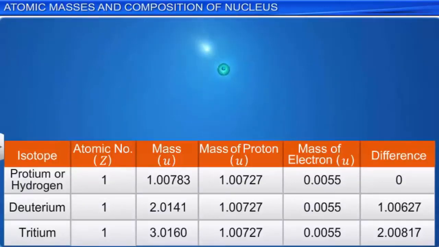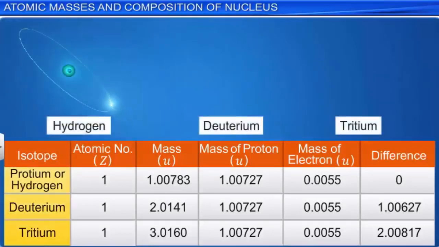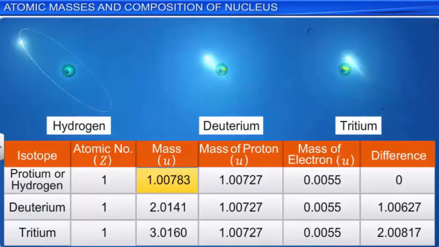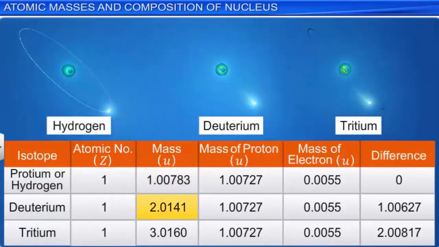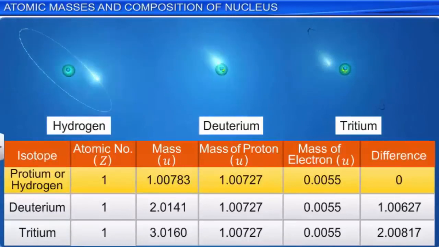For example, hydrogen has 3 isotopes whose atomic masses are 1.0078 AMU, 2.0141 AMU, and 3.0160 AMU, respectively. If we look at hydrogen, its atomic mass is exactly equal to the sum of the masses of the proton and the electron in it.